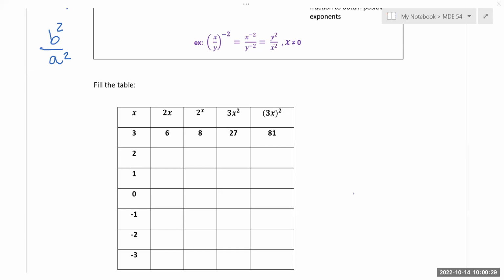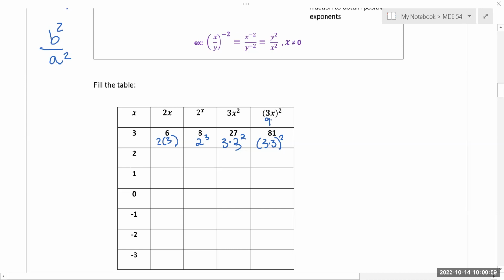Okay, so here we go with these. Again, make sure you do them on your own first to try this out. With the 3, it was 2 to the 3, 3 times 3 squared, and then 9 times 3 squared. Really look at how those exponents work.